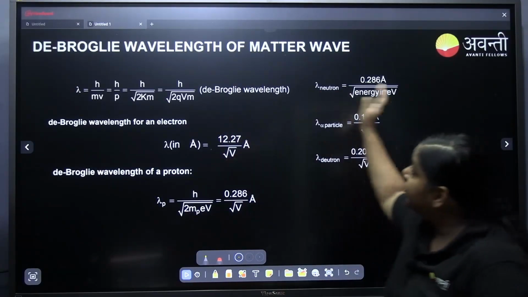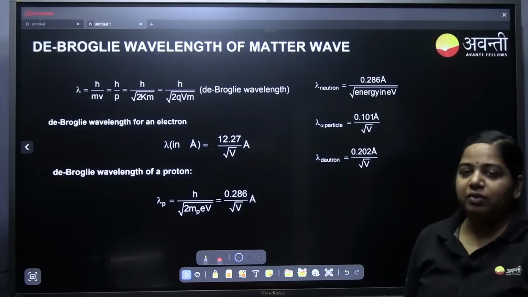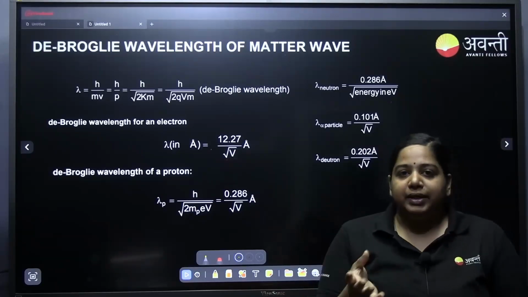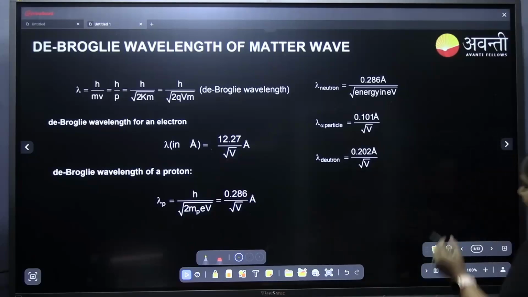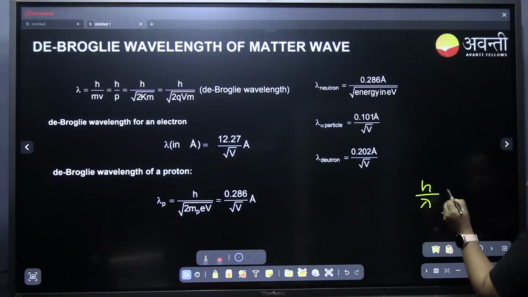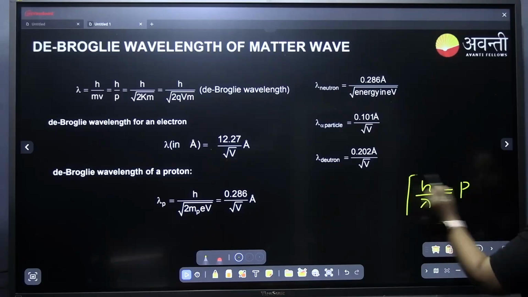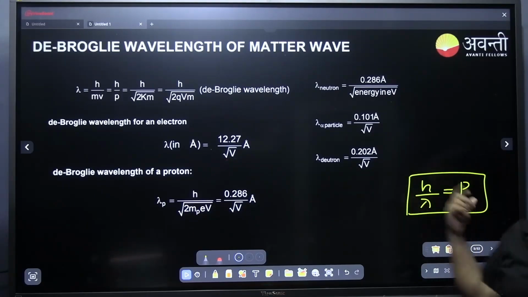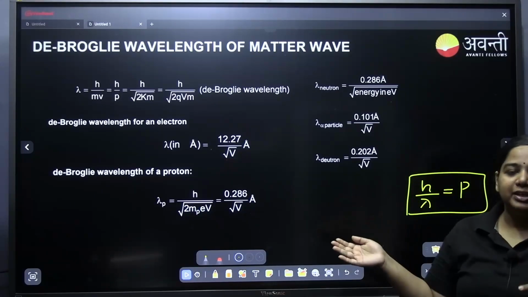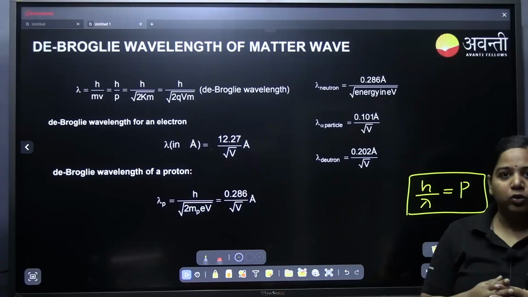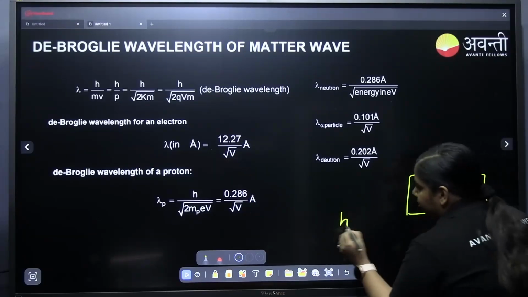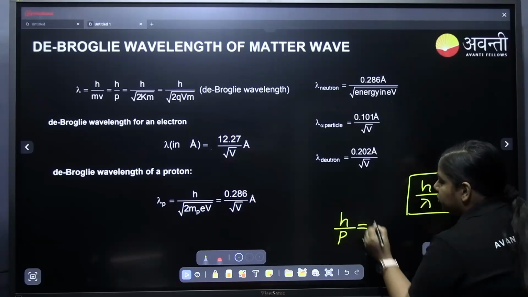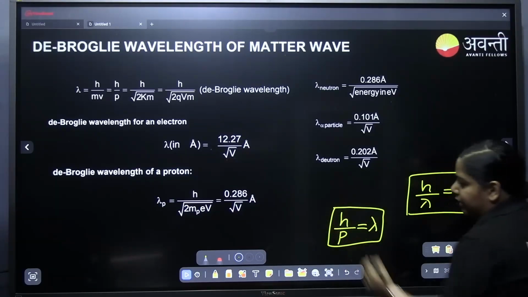Next is de Broglie wavelength or matter wave. What does this mean? Since we found that h by lambda is equal to momentum of photon, a formula we got from the first page, de Broglie suggested that the opposite might also be true. So h by p, if you take for any particle, you should get the wavelength of that particle.